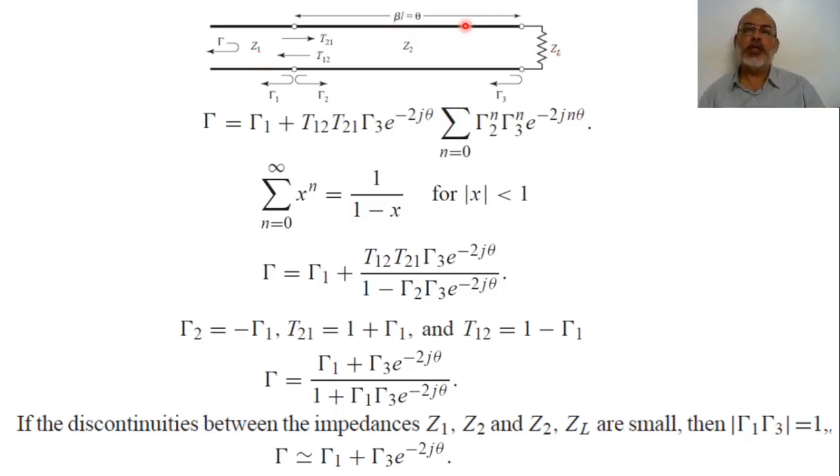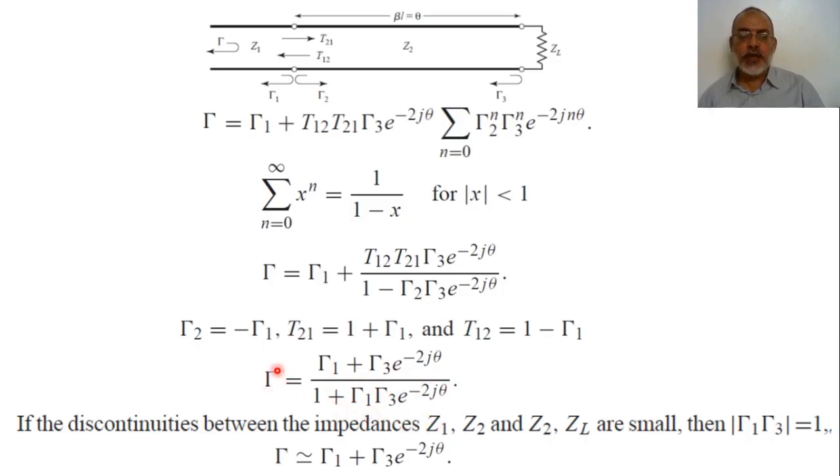And if Z load is close to Z2, then Z load minus Z2 over Z load plus Z2 would be close to 0, so gamma 3 is a very small value. In this case the multiplication of gamma 1 by gamma 3 would be very, very small, so we can approximately ignore this term.